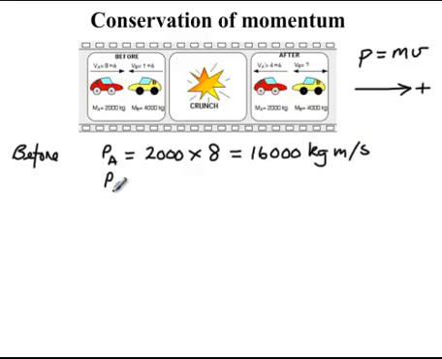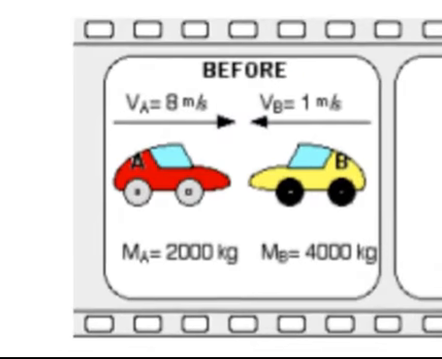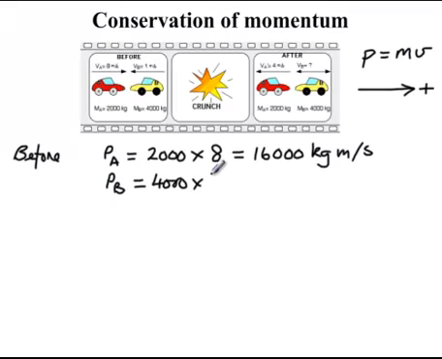Do the same for car B. So P, momentum of car B, equals its mass, which is 4,000, multiplied by its velocity. Its velocity is 1 meters per second, but it's in the negative direction, so that must be minus 1 meters per second. So that gives me a momentum of minus 4,000 kilogram meters per second.